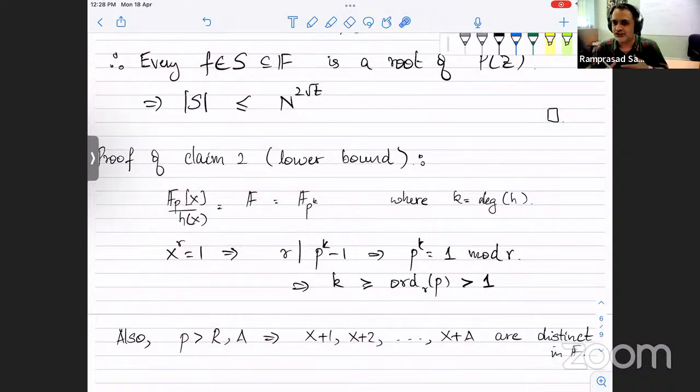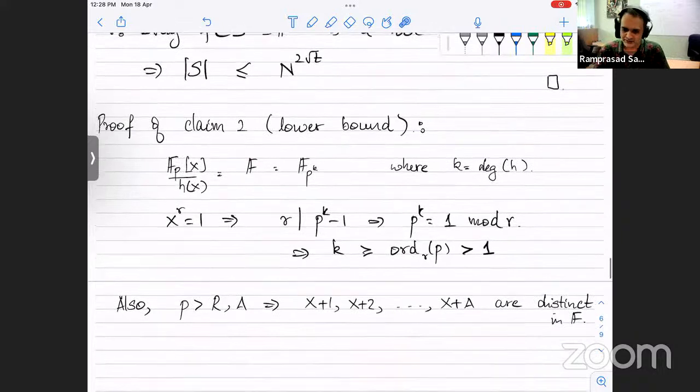We are trying to somehow show that the size of the set S is large. Right now, I know that there are at least a elements in it, but I want to say more. It's not just them; there are many products that you can take among them, and they will also be distinct.